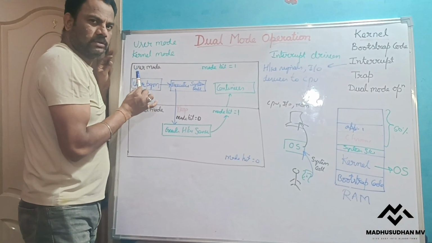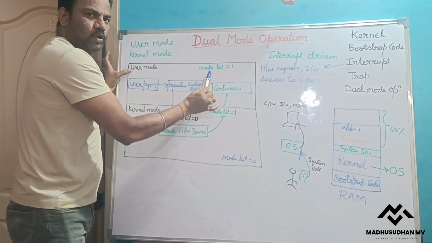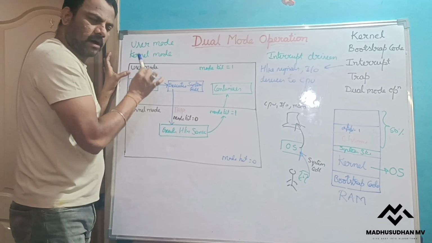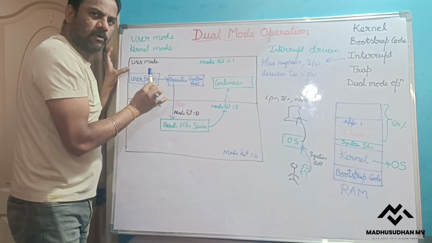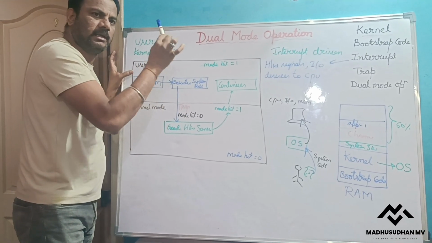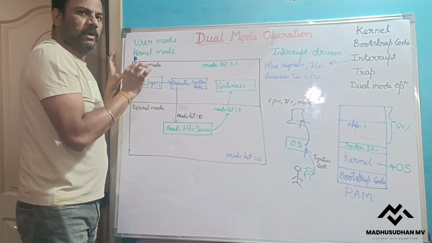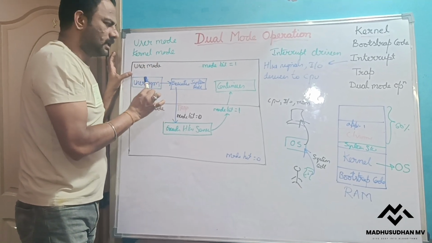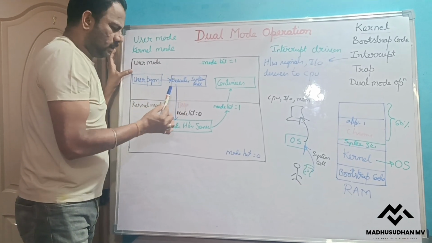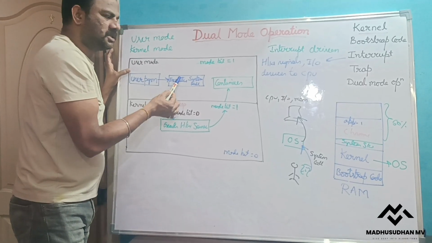So, summary: initially when the user program is executing, it is in the user mode. In the user mode, the mode bit is equal to 1. After some time, obviously every user program needs some services from the input and output devices. Whenever it needs hardware services, it has to call the kernel through a system call.